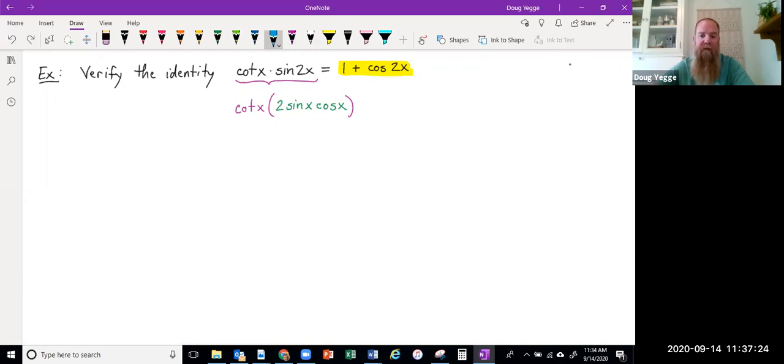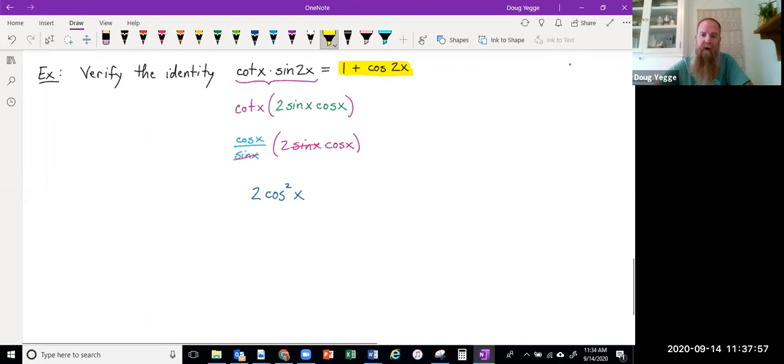So I can't really see what to do yet here, so why don't we use a quotient identity to change cotangent x into cosine x over sine x. Okay, and that's still going to be left with 2 sine x cosine x. Well, notice at this point the sine x can cancel from the numerator and denominator. So all we're left with here is 2 cosine squared of x.